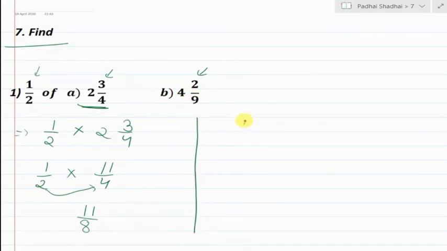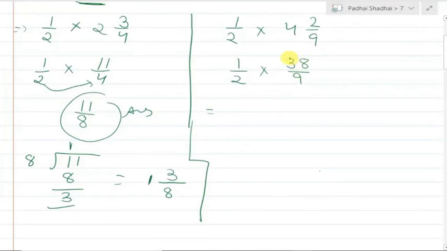Okay, next one, 1 by 2 into 4 integer 2 by 9. Let us convert it to an improper fraction first. 1 by 2 into 9 4s are 36 plus 2 is 38 by 9. We can cut out here beta by 2. 38 by 18, both of them can be cut out by 2.